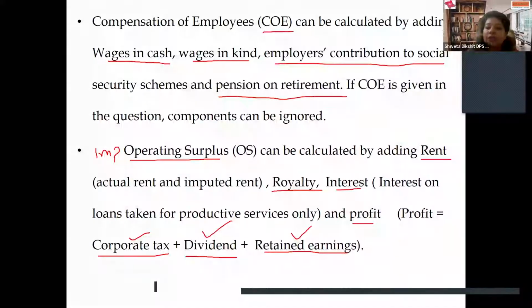So these are the four parts of profit which you need to remember: undistributed profit, corporate tax, dividend, retained earnings. So this is CDOR. Now, OS must be clear to you. Once again: rent, royalty, interest, and profit. Profit has corporation tax, dividend, retained earning, and also undistributed profit.